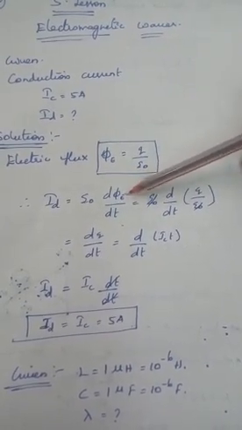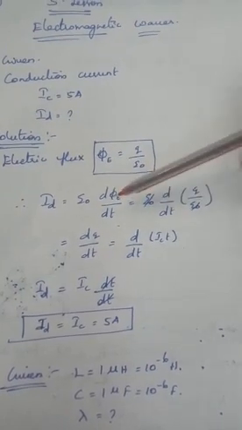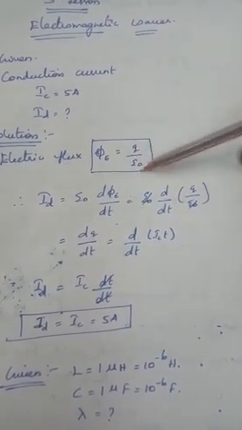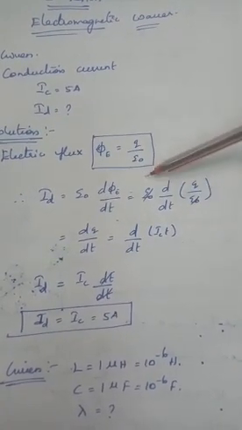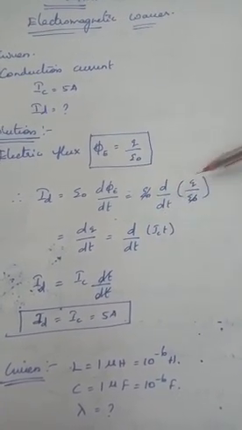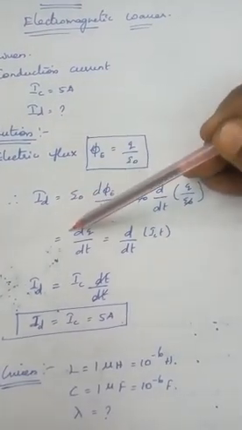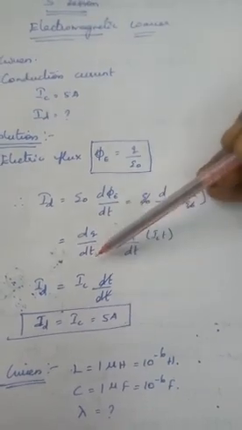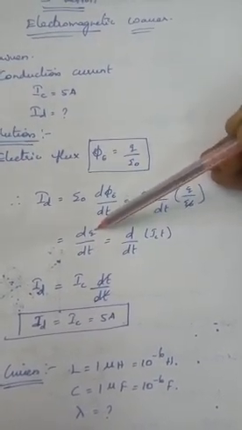So d phi by dt, where phi is Q by epsilon naught. Substitute that value Q by epsilon naught, then cancel the constants epsilon naught, and finally you will get dQ by dt. So ID is also dQ by dt, that is rate of change of charge.